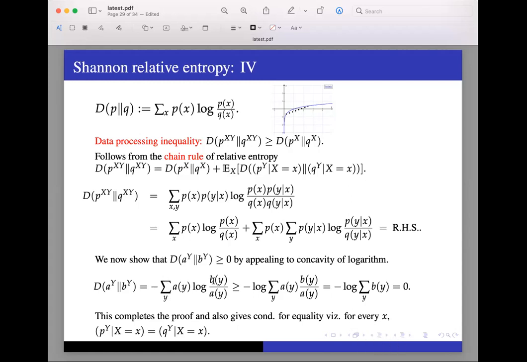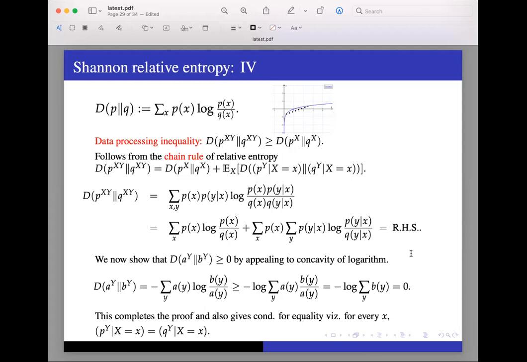But if I take one of the AIs as 1 and the others 0, then the relative entropy also becomes trivial. So the other way out is that all the function values are the same, all the logs are the same, which means that AY is equal to BY. So the strict concavity of the logarithm implies that relative entropy is 0 if and only if AY equals BY, which translates to this expression.